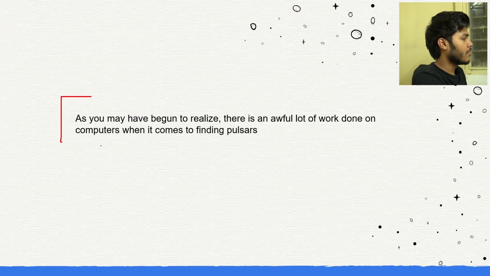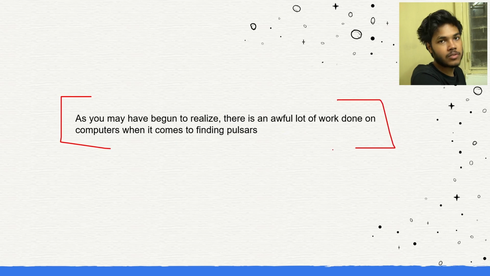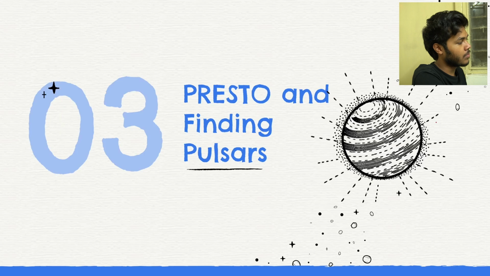As you may have begun to realize, there is an awful lot of work done on computers when it comes to finding pulsars. So we must find a certain algorithm or software that can ease our job. Presto is software used for finding pulsars.